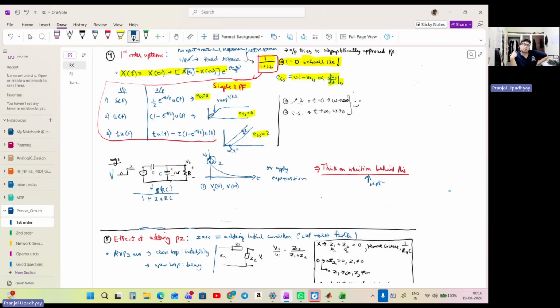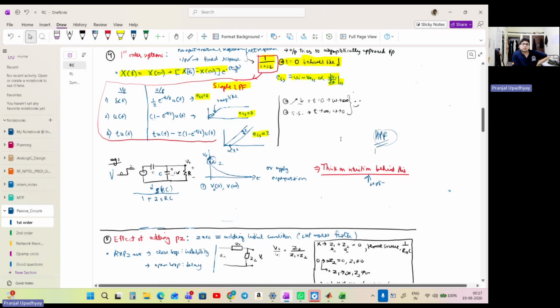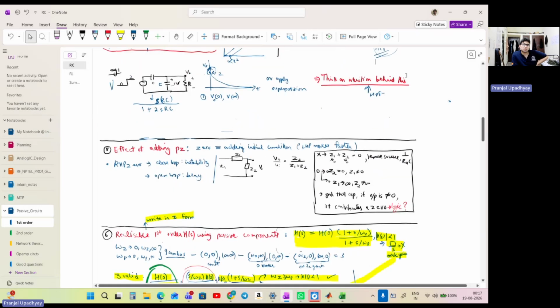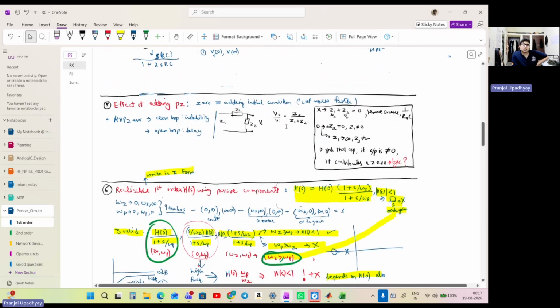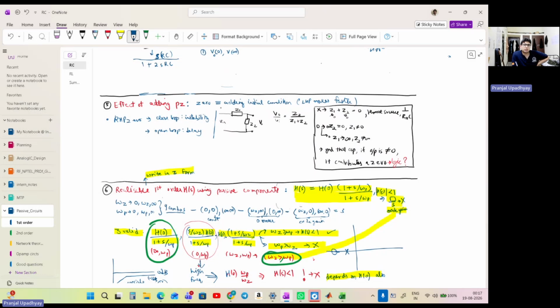I think we'll elaborate more on this when we discuss high pass circuits in more detail. Let us keep in mind that we have to discuss the high pass filter or high pass circuit in a bit more detail, so that things make more sense later on, and we'll come back to this example.